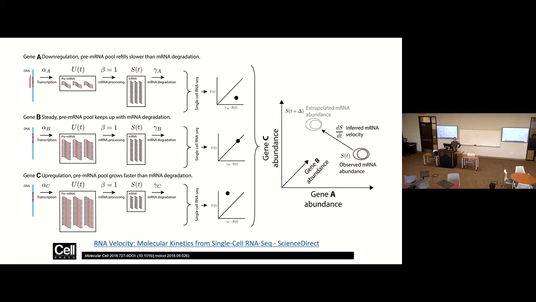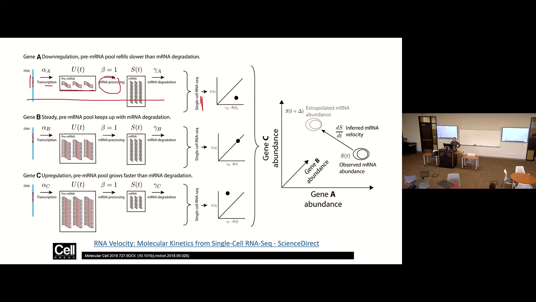If you have a gene in the DNA on the chromosome, you start to transcribe, build pre-mRNAs, and then through mRNA processing you make mature RNA. You cut and merge those, so the unspliced become spliced.